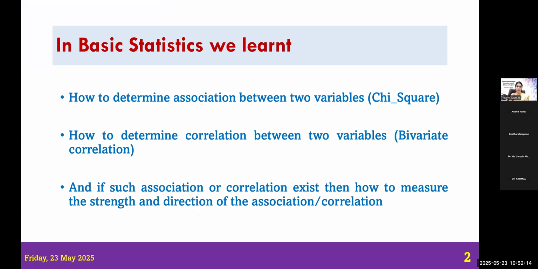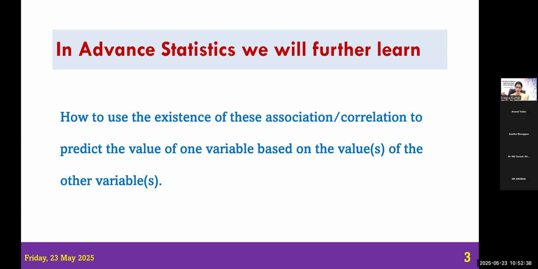In case of a continuous variable, we have just seen the correlation. If any such correlation or association exists, you see it only with one variable. But if you want to exactly predict how the one variable, the dependent variable, is moving or behaving in the context of an independent variable, then you perform the modeling or the advanced statistics.